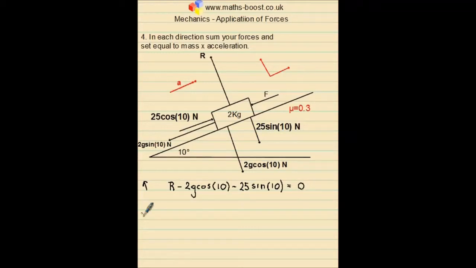Now write down the other direction, and similarly collect your forces with a sign depending on whether they agree with your reference direction or not. Again, set this equal to mass times acceleration. However, we do know that the mass is 2 kilograms.